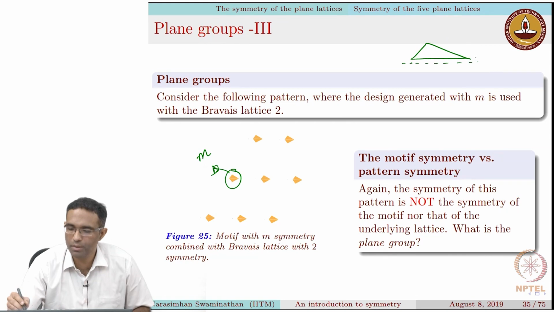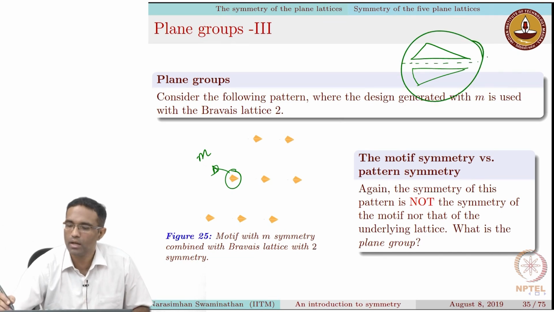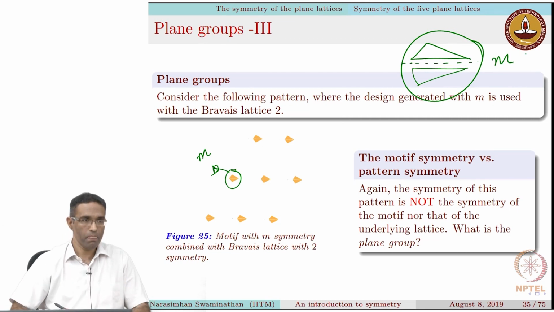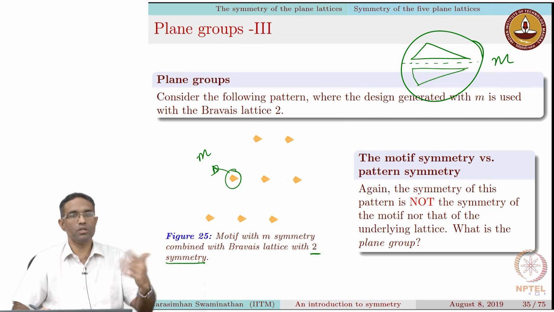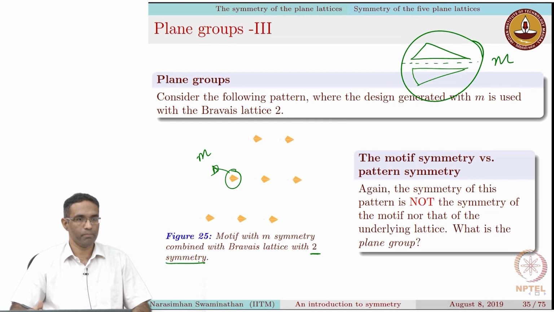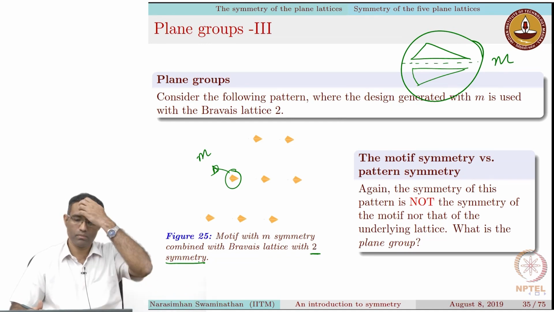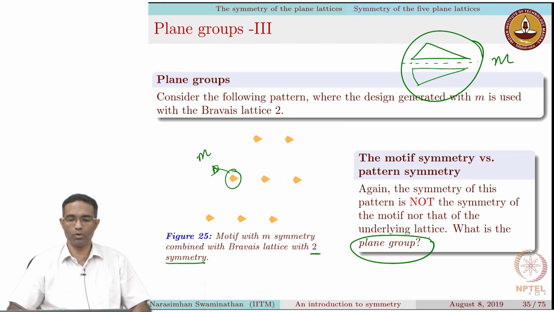So we have taken this particular asymmetric unit and then reflected it like that, and therefore this particular pattern has symmetry M. That is the only symmetry present here, and that is being combined with the Bravais lattice with 2 symmetry. Now the question is, what is the symmetry of the underlying pattern itself? What is the plane group?